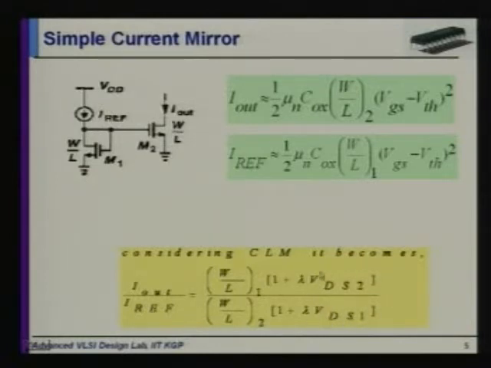This term will be attached, and we see that VDS2 and VDS1 will not be the same. VDS2 very much depends on the load circuitry of this current mirror, that is, which load is driven by this current mirror. So VDS2 may not be constant, so this transfer ratio is not constant. So this is not an accurate current mirror because the transfer ratio is not constant, or not equal to 1.